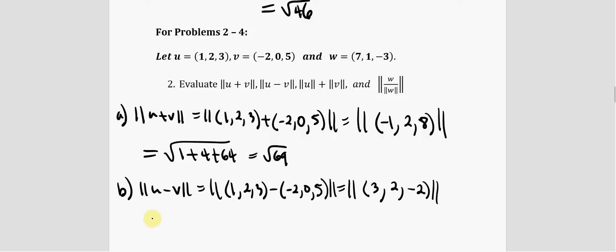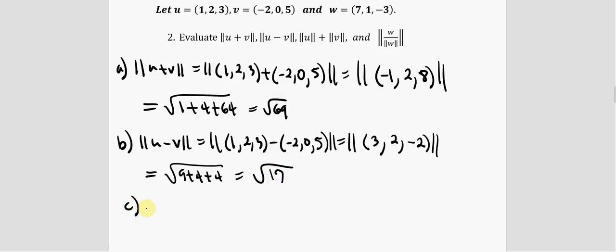And so that gives us the square root of 9 plus 4 plus 4. So we get the square root here of 17.